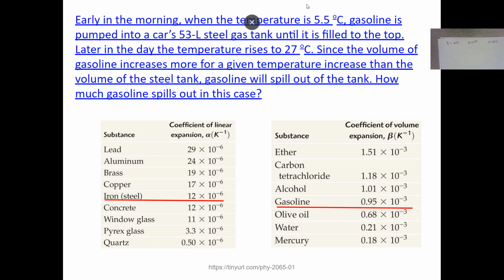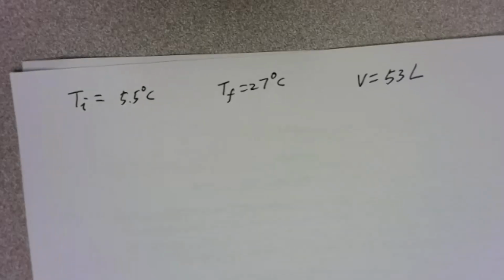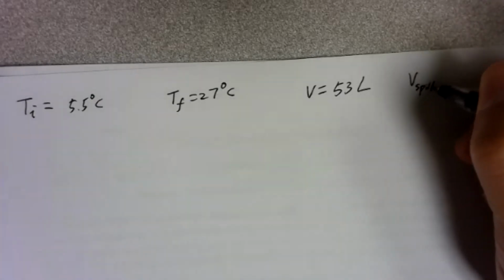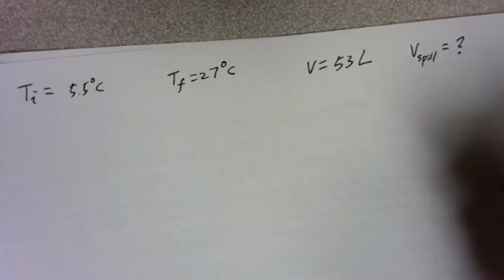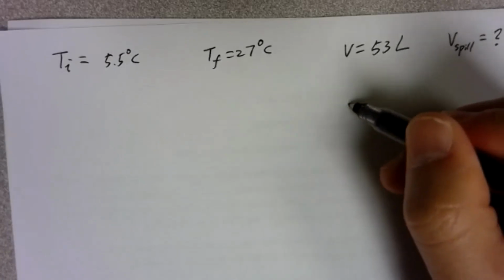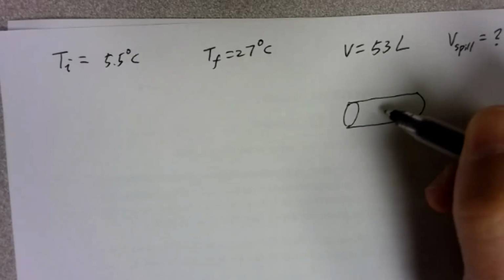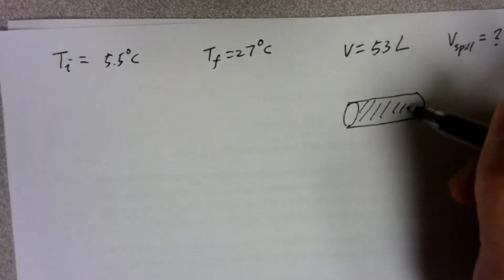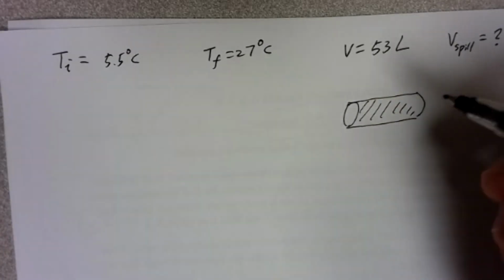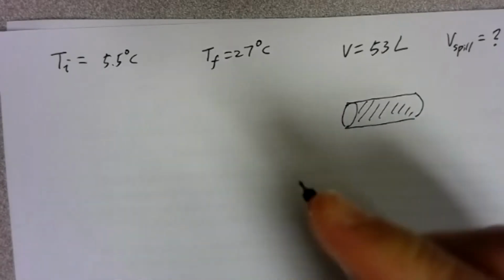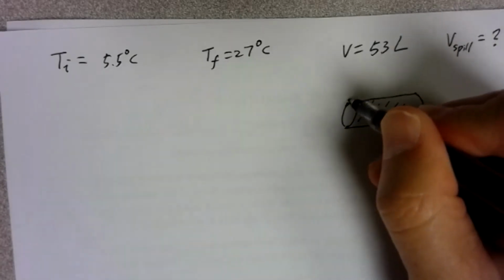It's asking how much spill there is. Let me show it on my paper here. You're looking for V spill. You can imagine there's a tank, and then there's gasoline inside. Now the tank probably just expands a little bit, maybe not at all.